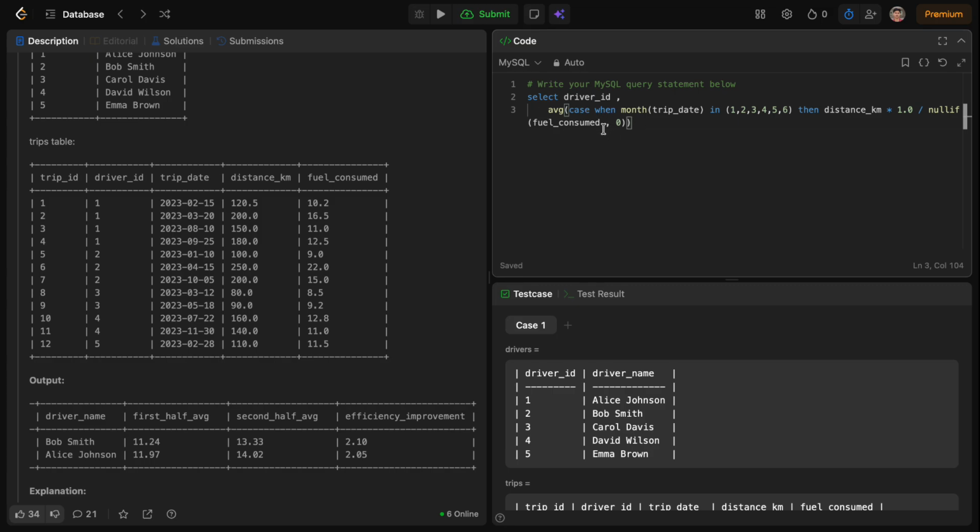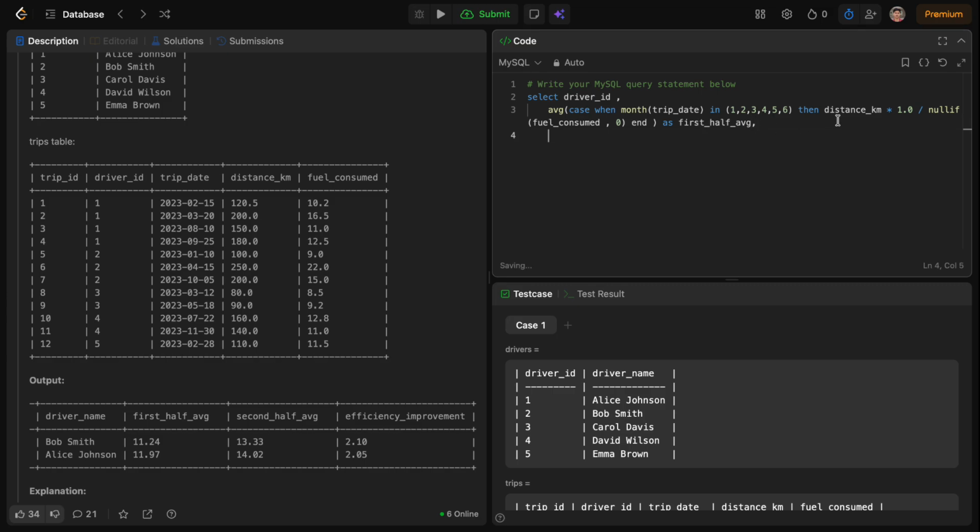Then the distance in kilometers is divided by the fuel consumed, end, as the first half average. I think you understand this.